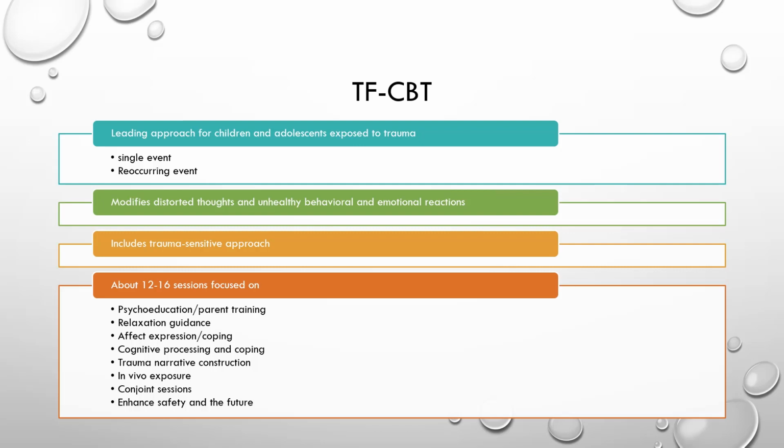TFCBT is a leading approach for children and adolescents exposed to trauma. Now, that trauma can be single event or recurring event. This is also looking at modifying distorted or irrational thoughts and unhealthy behavioral and emotional reactions. It also includes being trauma sensitive.